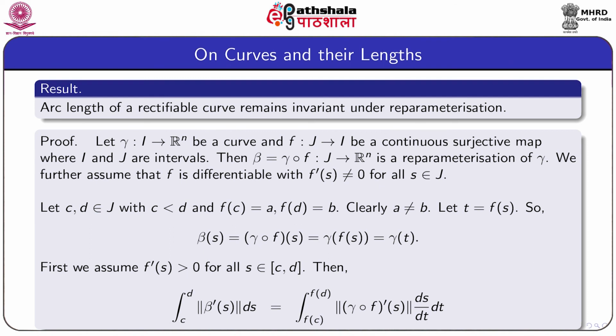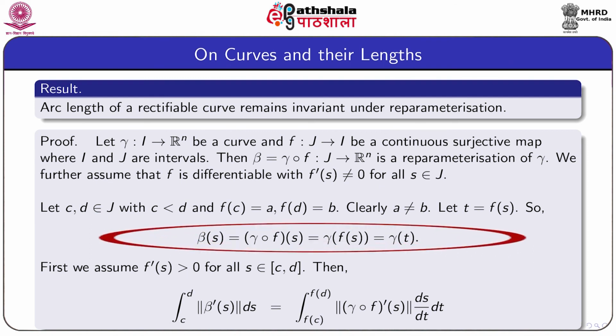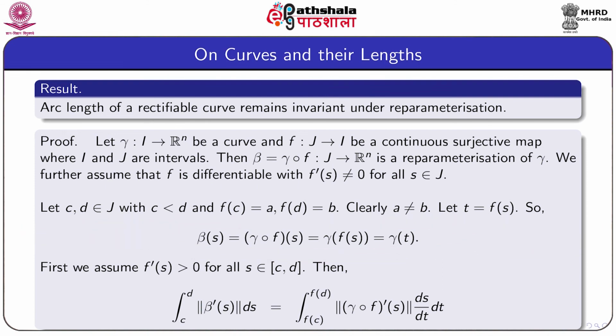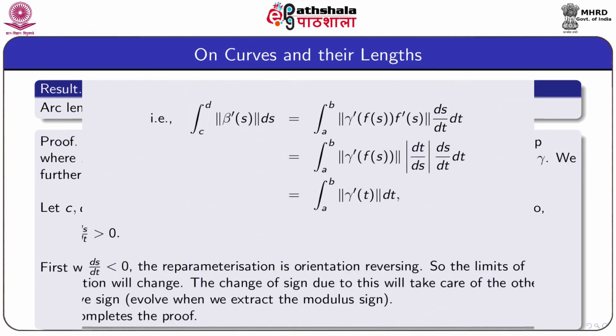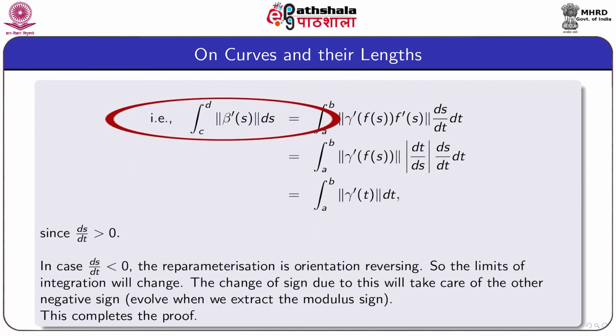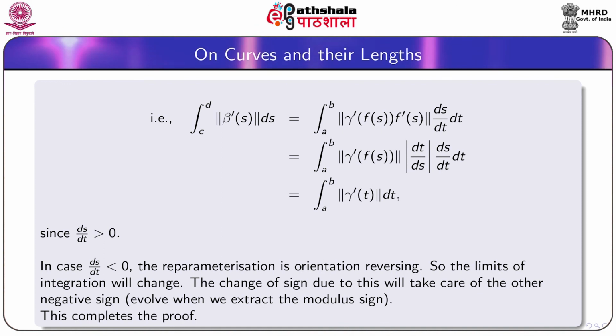Let t equal f(s). So beta(s) equals gamma composed with f(s), that is gamma(f(s)), that is gamma(t). First we assume f' is greater than 0 for every s. Then the integral from c to d of norm beta'(s) ds equals the integral from f(c) to f(d) of norm gamma'(f(s)) f'(s) ds, that is, the integral from a to b of norm gamma'(f(s)) f'(s) ds.